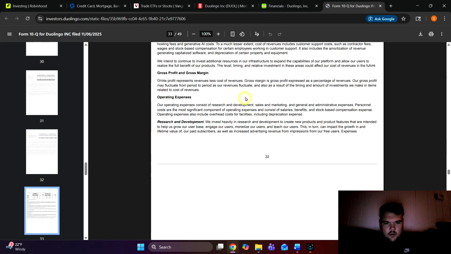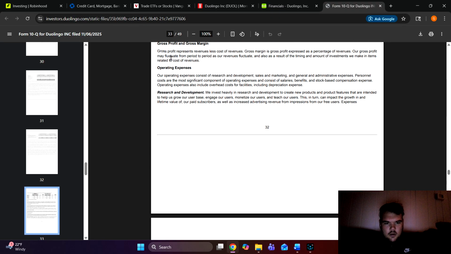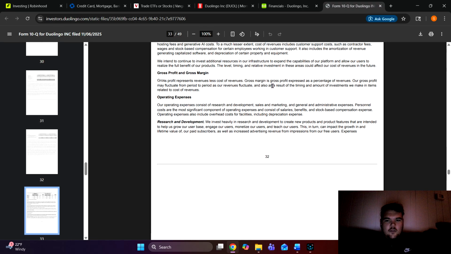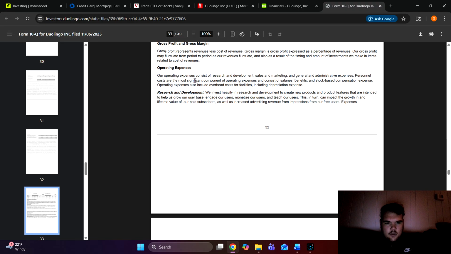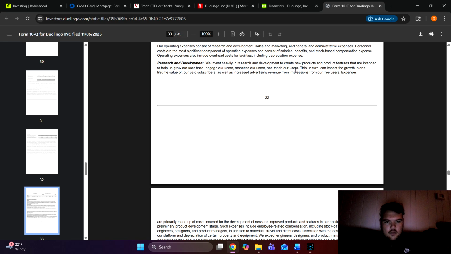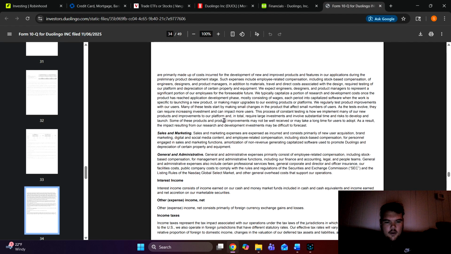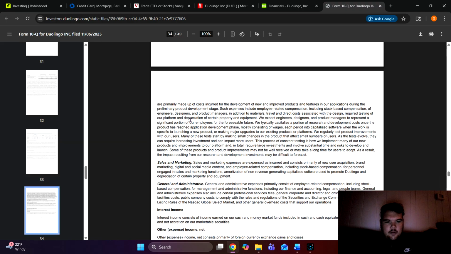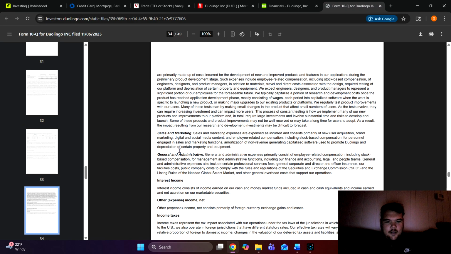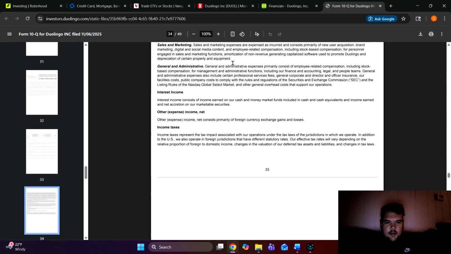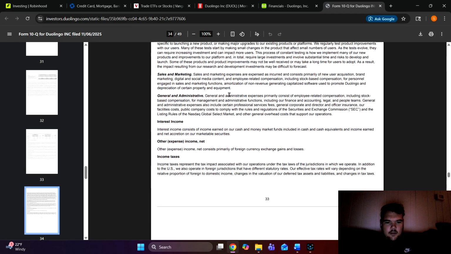Another thing here with the gross profits and gross margins: when revenues fluctuate, gross profits fluctuate. It makes sense. Thing is, they didn't even spend that much on R&D, so this is all kind of nonsense. I'm gonna read that.